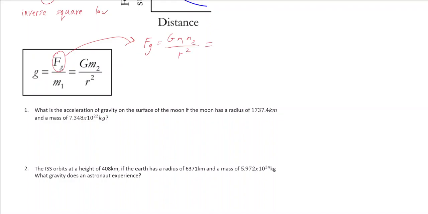But if we know Fg is mg, where m is one of the two masses, it doesn't really matter which, but they chose m1, then we can cancel m1 in both places, and we're left with G, capital G, m2 over r squared equals g, lowercase g. And that's where this formula comes from. Nothing too crazy, nothing technically new, but this is the formula that we're going to use basically for the rest of this.